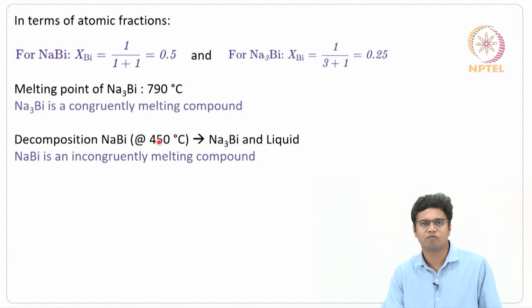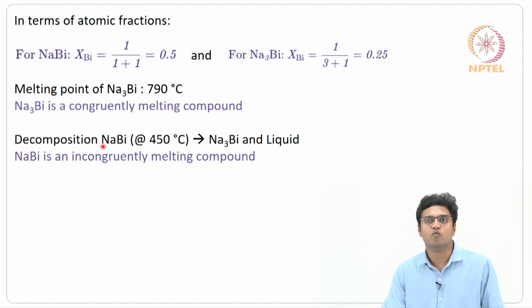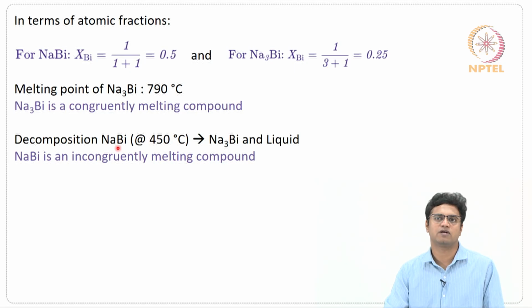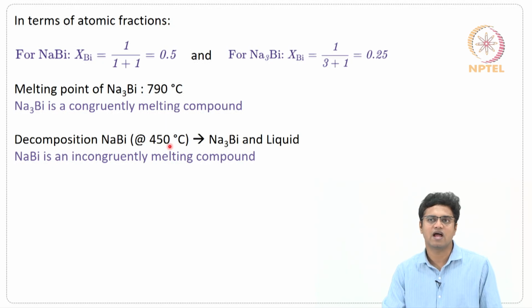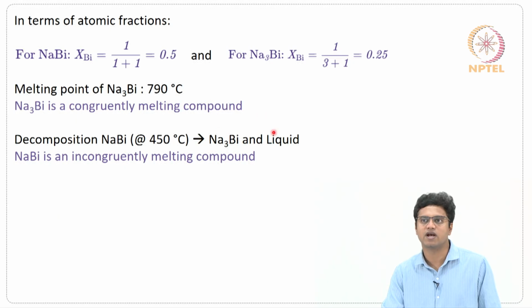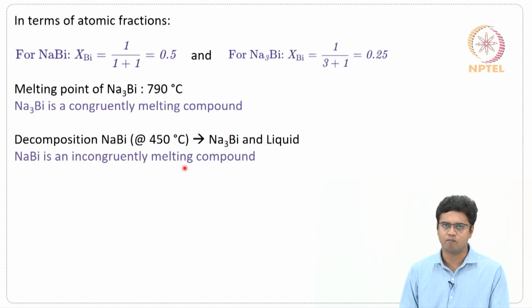They are actually talking about a peritectic reaction. It means 450 degrees Celsius with 50% Bi, the equimolar composition, is an invariant point, because the composition is fixed and the temperature is also fixed, and it shows a reaction where one solid gives one liquid and another solid. So that's the reason NaBi is an incongruently melting compound.